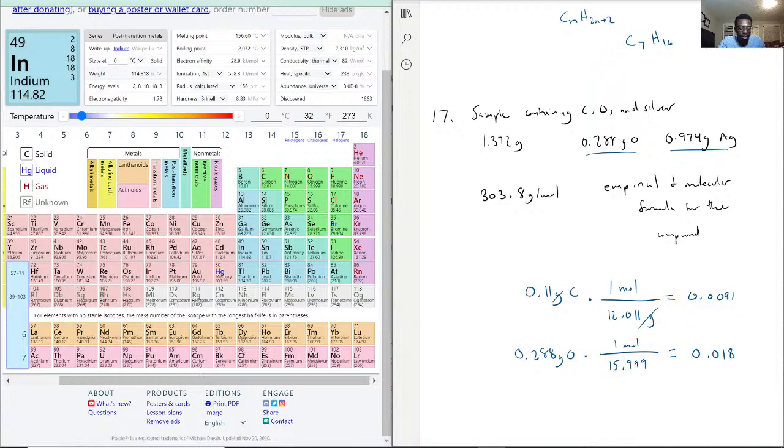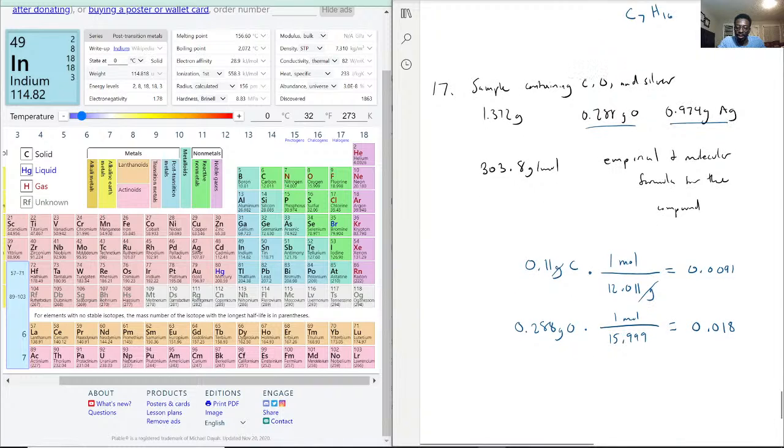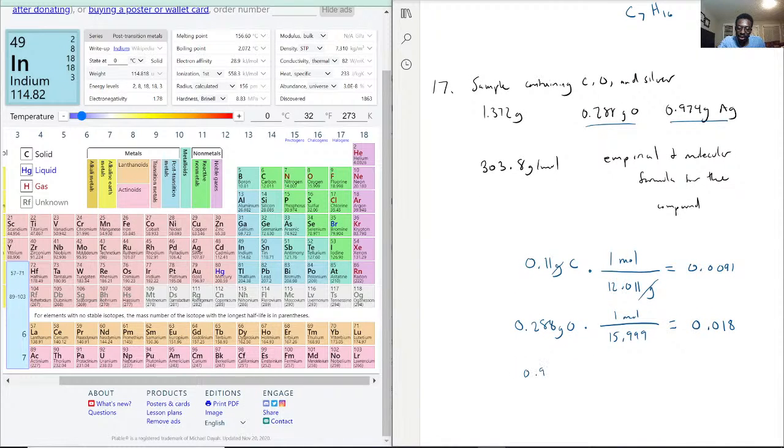That's 0.018. Now for the last one, silver, 0.974 times 1 mole over 107.87 grams, since silver is quite big.